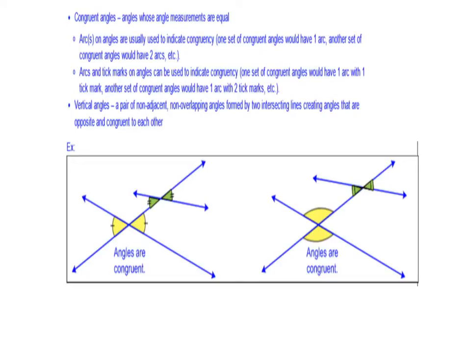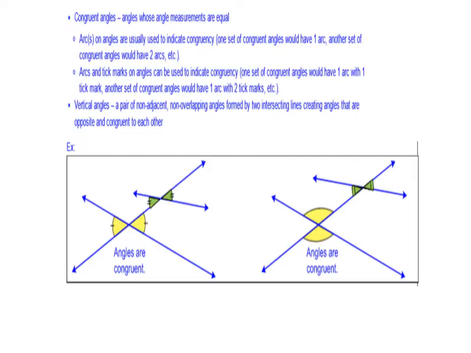These two angles are congruent, and notice they're on one side of the intersecting line and one side of the other intersecting line. The same thing here. Just like these two are congruent, these two are congruent.